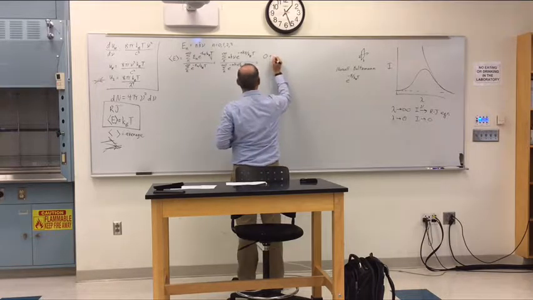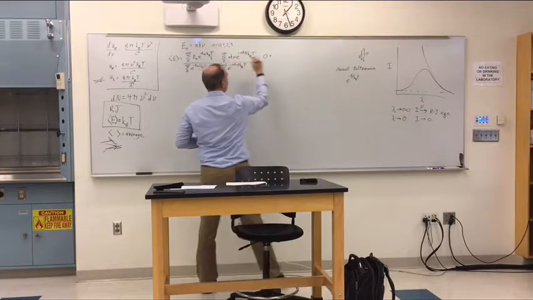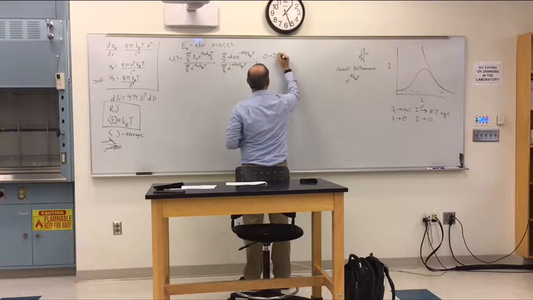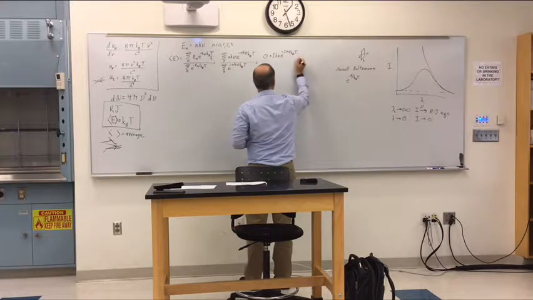Plus the second value, if we plug a 1 in for n, that'll be 1 times h nu e to the minus 1 h nu divided by Boltzmann's constant times temperature.